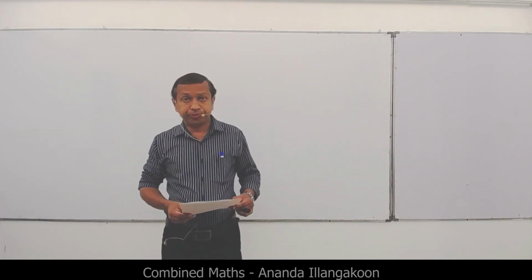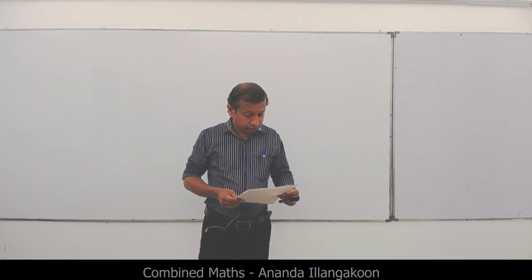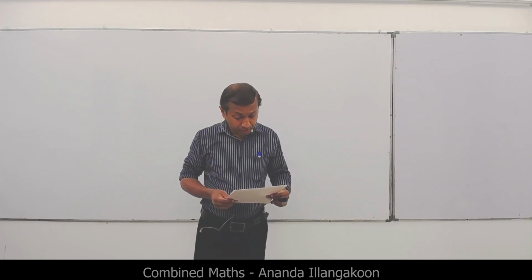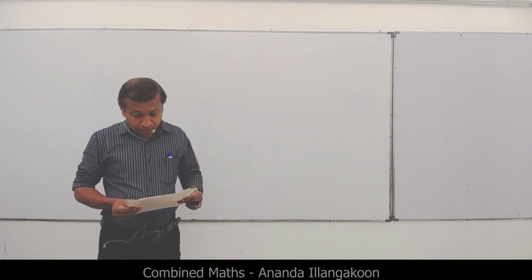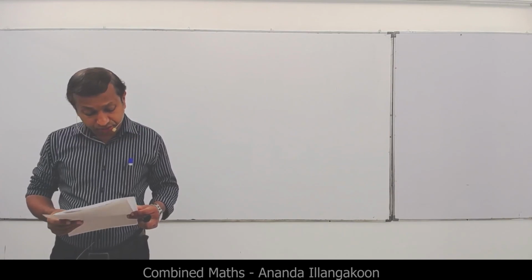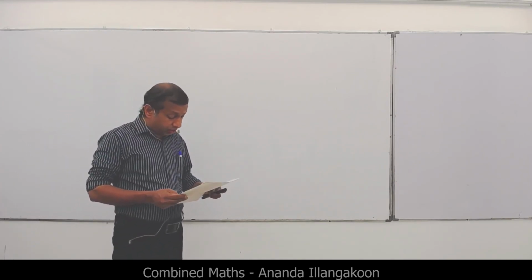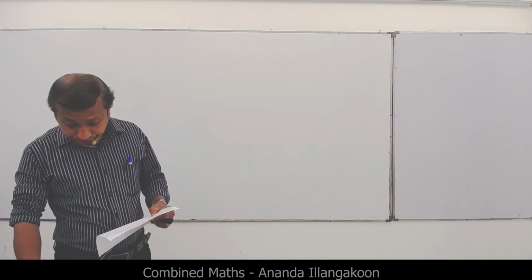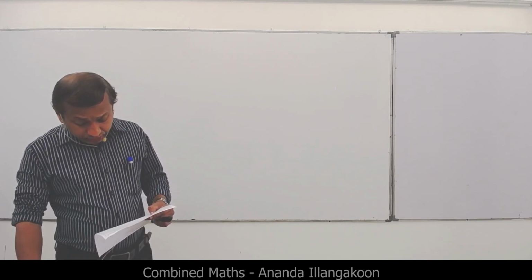Question number 7. Relative to the vector origin O, the position vectors of the points A and C of the square OABC are simple A vector and simple C vector respectively. The midpoint of BC is D and E is a point on AD such that AE:ED is 2:1.